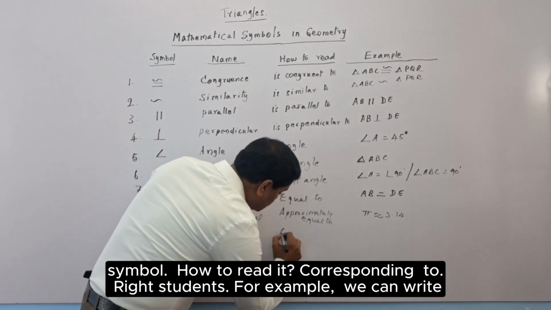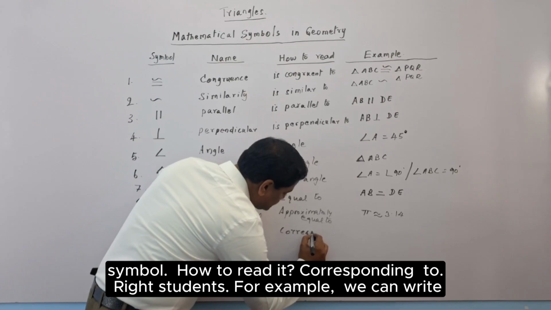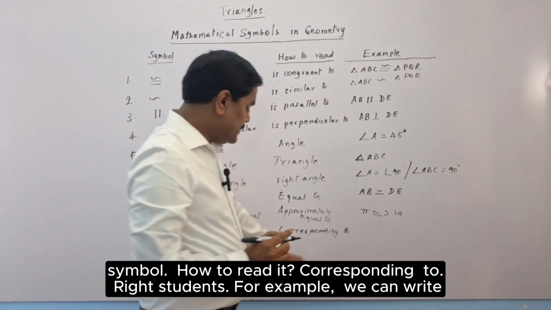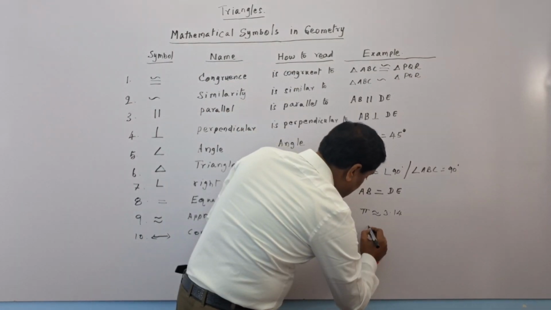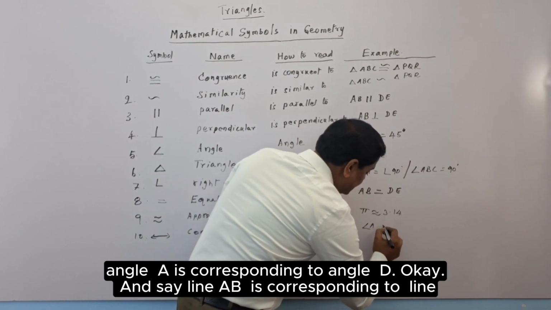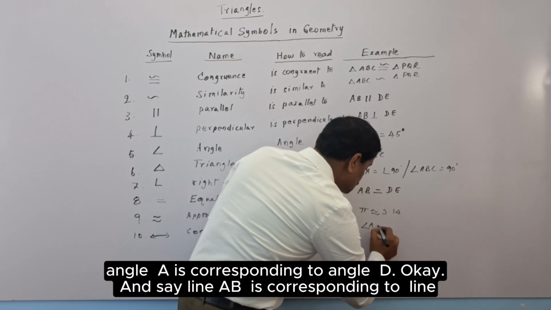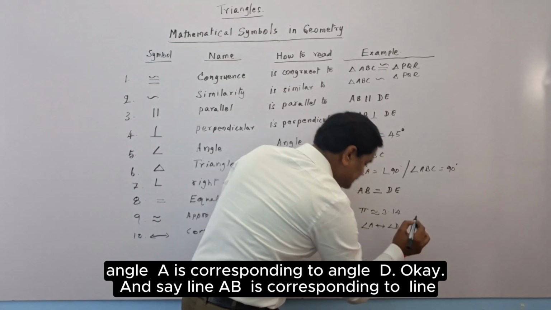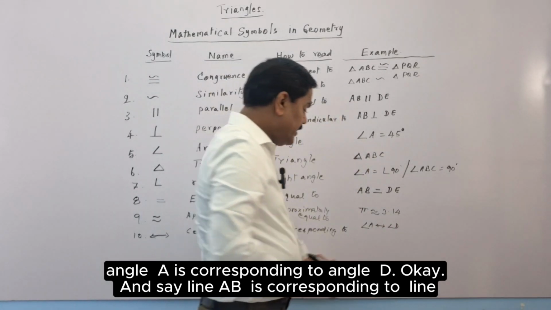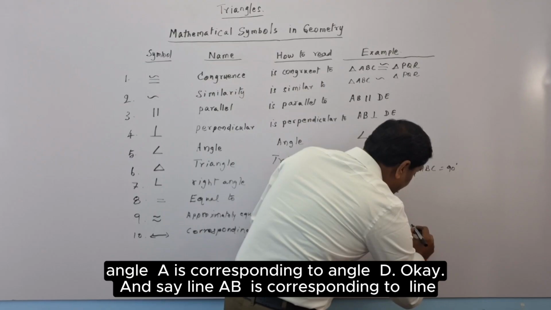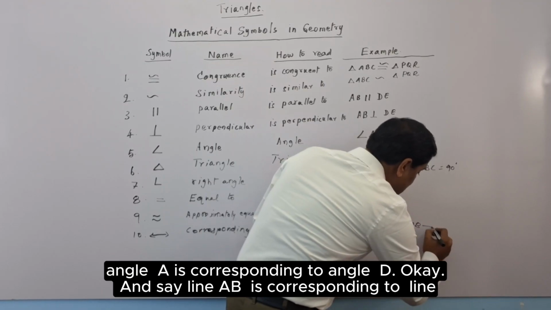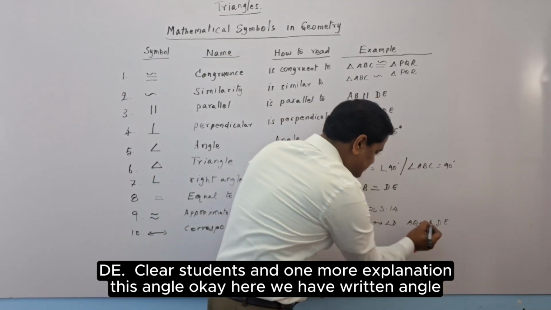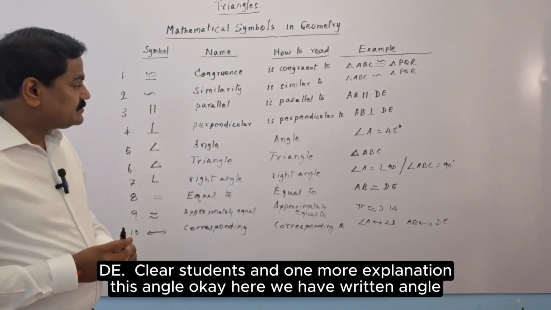How to read it? Corresponding to. For example, we can write angle A is corresponding to angle D, and line AB is corresponding to line DE. Like that. Clear, students?